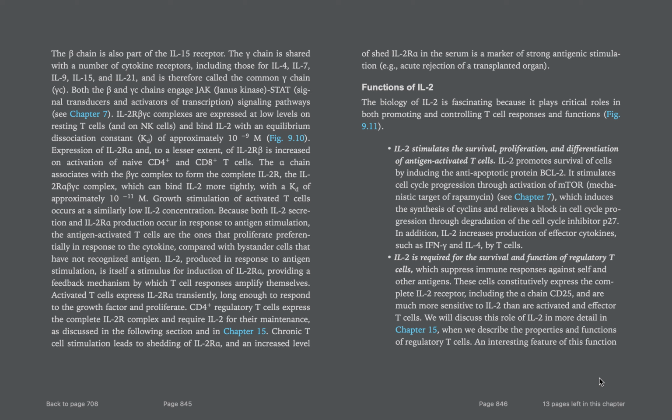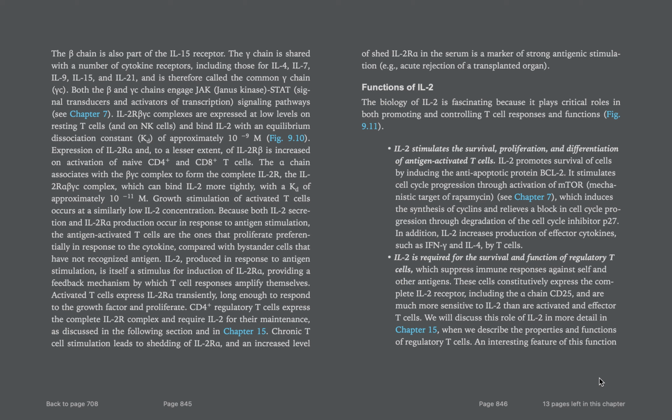Activated T cells express interleukin-2 receptors transiently, long enough to respond to the growth factor and proliferate. CD4 regulatory T cells express a complete interleukin-2 receptor complex and require interleukin-2 for their maintenance.